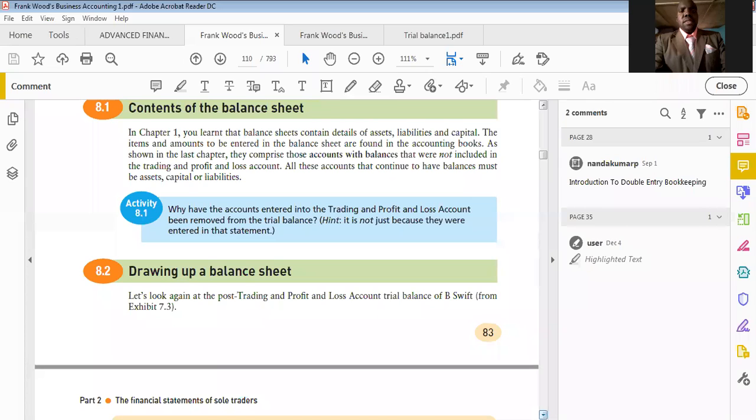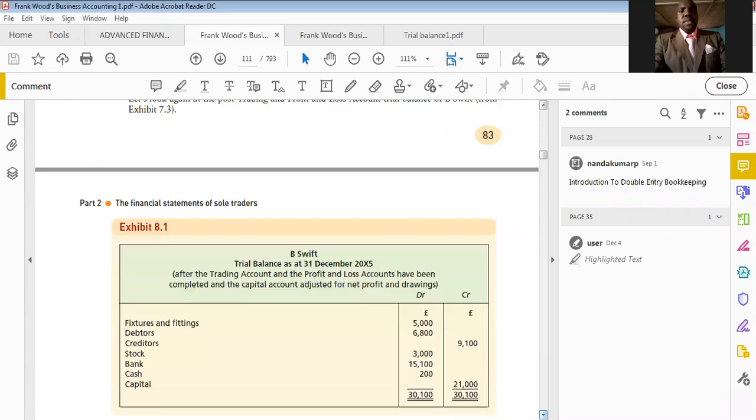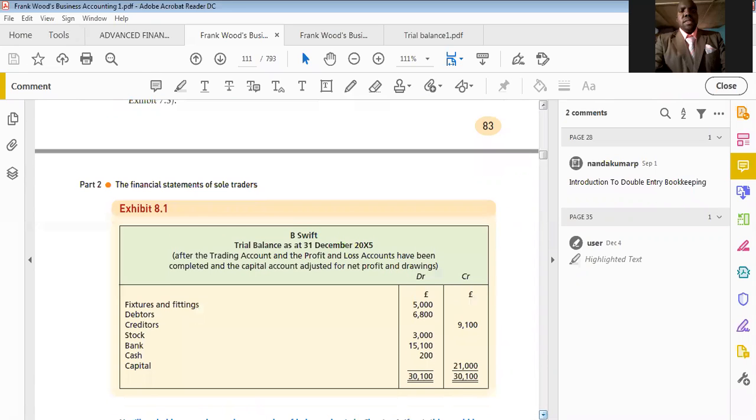Now, let's look again at the post-trading and profit and loss account trial balance for B Swift. It must be 7.3. All right, so B Swift, this is the trial balance as at December 2005 after they took out the items for the trading and profit and loss account.